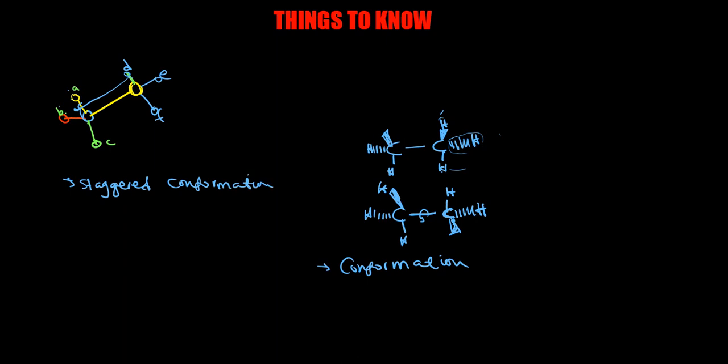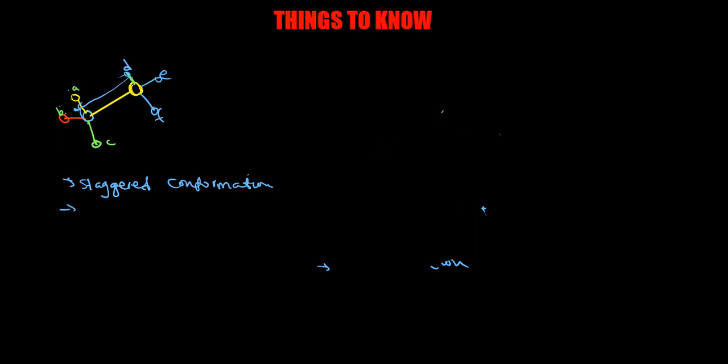Since this is staggered conformation, we can have again a situation whereby the same D has gone straight. Let me give another example. So that is what we call staggered conformation. So there is staggered and also we'll know the other one.